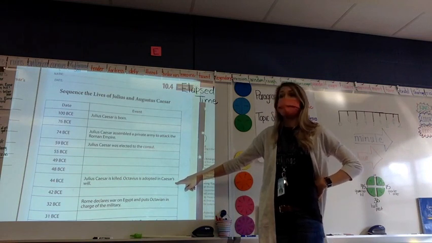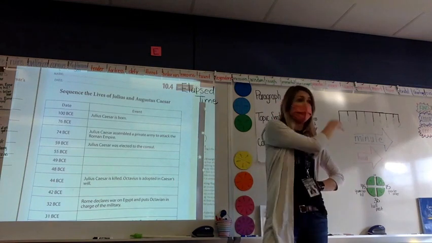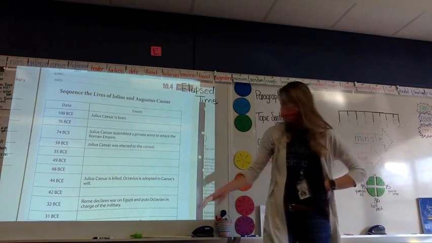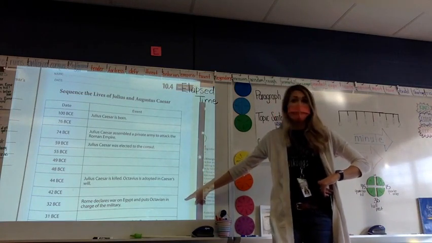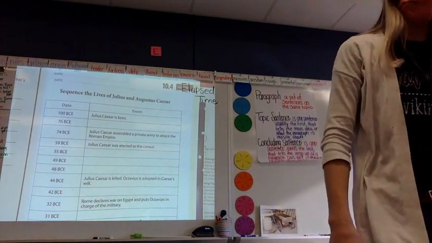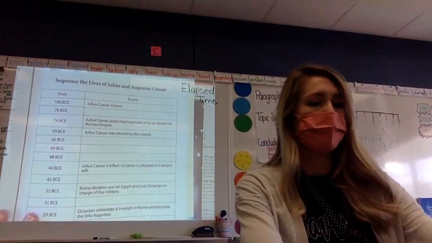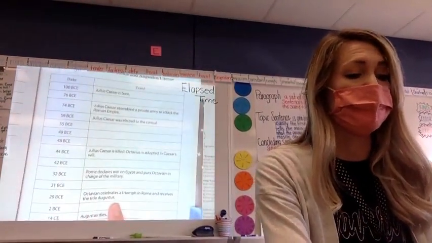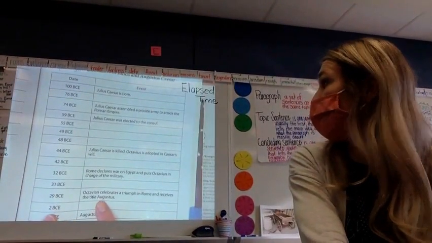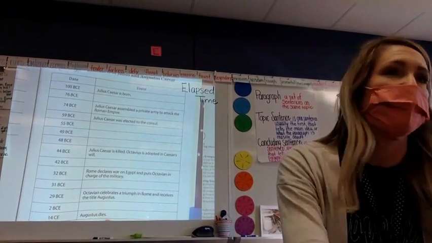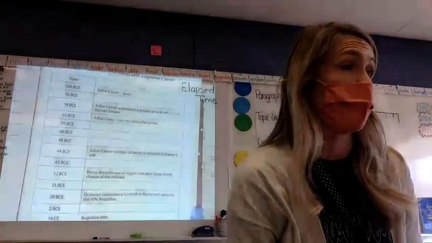Octavius is adopted into Caesar's will. Octavius is also known as Augustus. Rome declares war on Egypt and puts Octavius in charge of the military. Octavius celebrates a triumph in Rome and receives the title Augustus. Something happens, Augustus dies. So we have blanks in there.